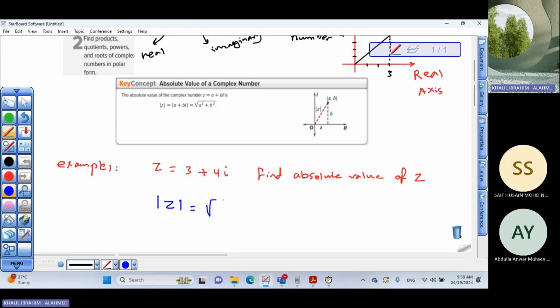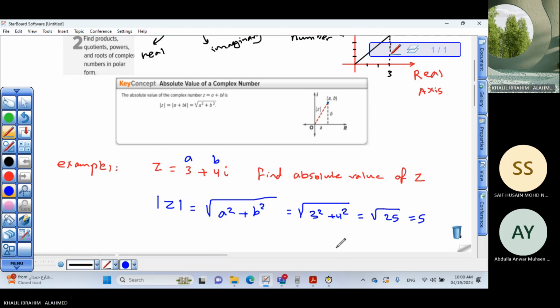This equals the square root of a squared plus b squared. Where is a? This is a, this is b. Okay, 3 squared plus 4 squared. This is radical 25. This equals 5. Okay? Did you understand this? Any question about this example? No, Mr. Okay, good, excellent.